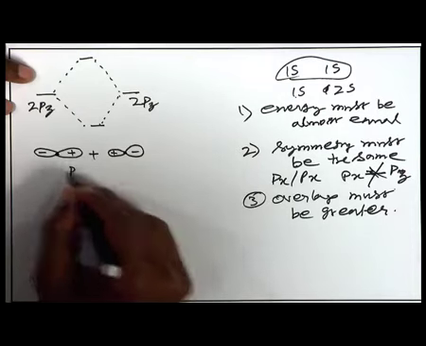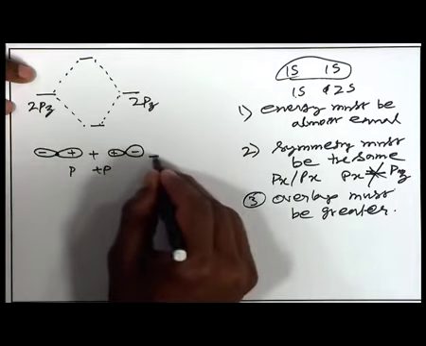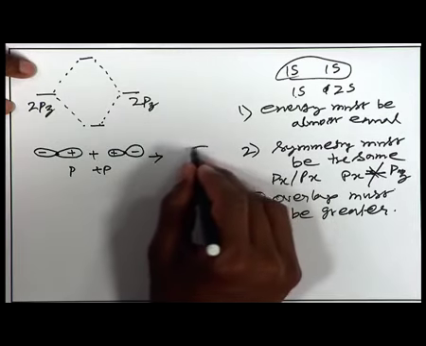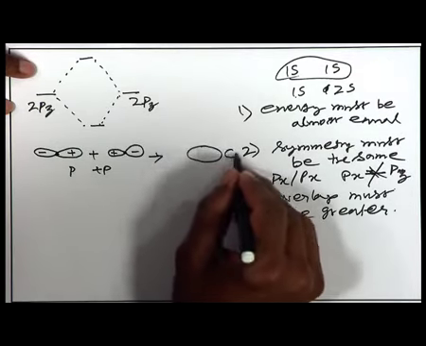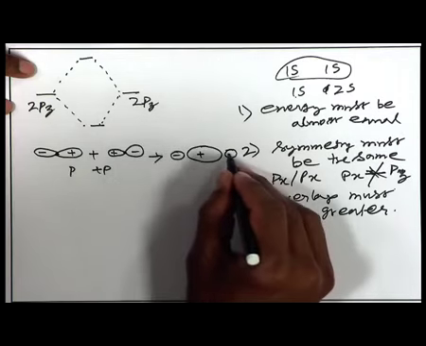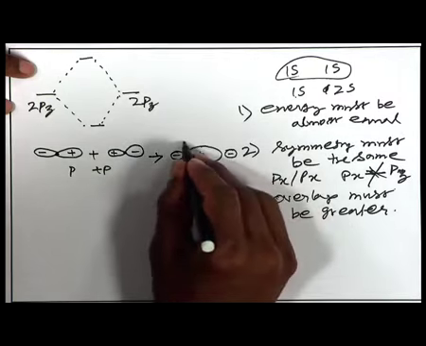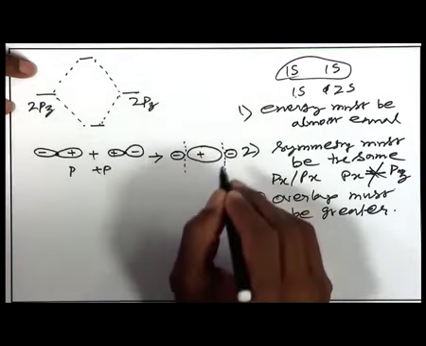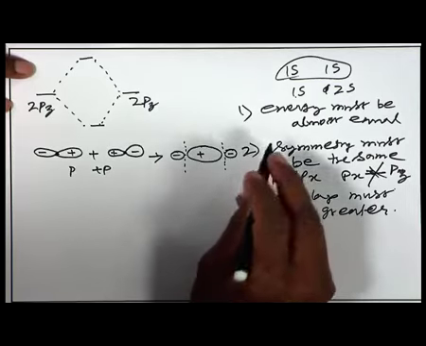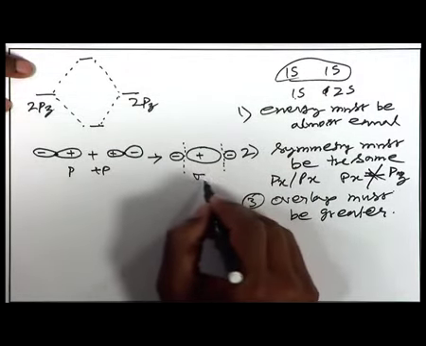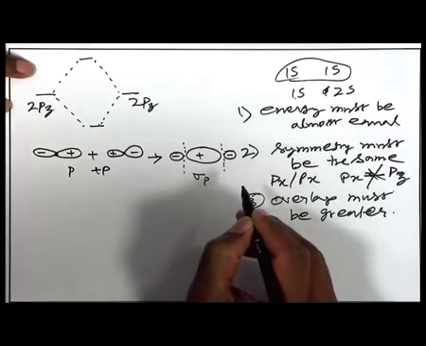So p plus p will give a sigma orbital of this type. This is positive, negative, negative. There are two nodes here. So this is a sigma orbital formed by p orbitals.